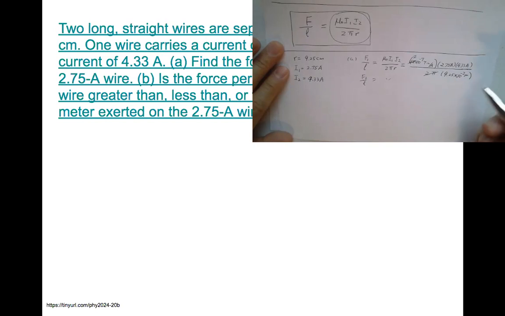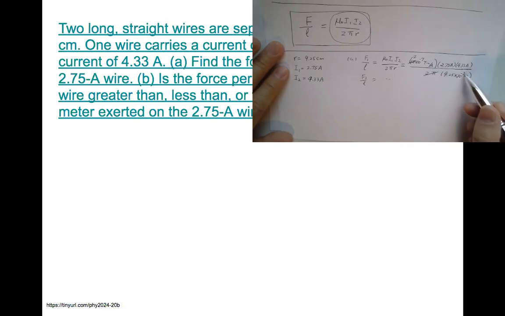You can see many times you don't have to plug in the pi's because they will cancel out. So 2 times 10 to the minus 7 times 2.75 times 4.33 divided by 9.25 times 10 to the minus 2. A lot of times I wouldn't plug in the numbers here.